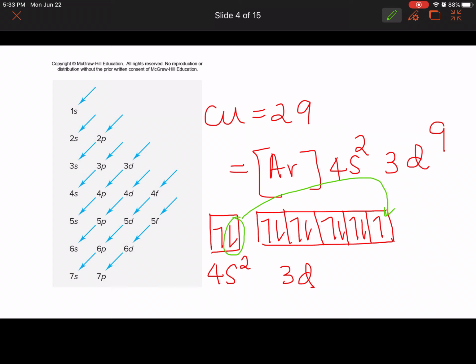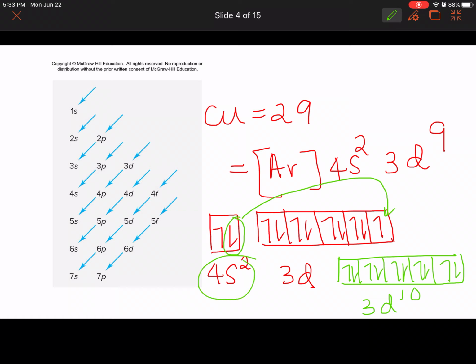The 5 orbitals now have 10 electrons: 1, 2, 3, 4, 5, 6, 7, 8, 9, 10. So instead of 3d9, it's 3d10, and 4s is now 4s1.